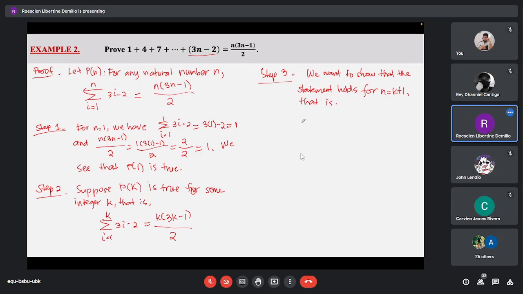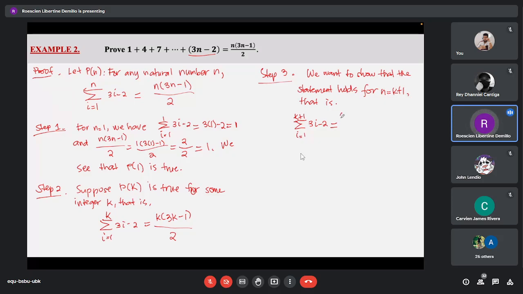So we have the summation of 3i minus 2 from 1 to k plus 1. So, initially, we went up to k, now we go up to k plus 1. Equals. We also substitute all our n with k plus 1.